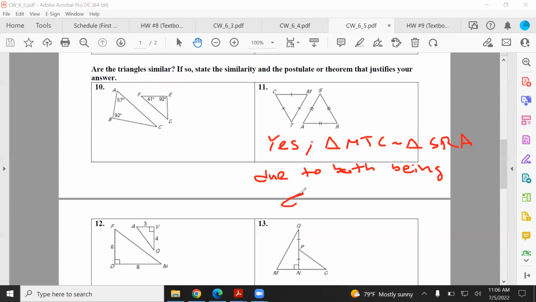These are similar due to both being equilateral triangles. Yep. So both are equilateral triangles. Okay. So that's 11.